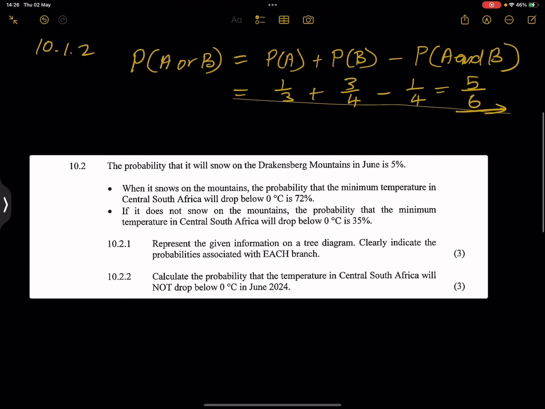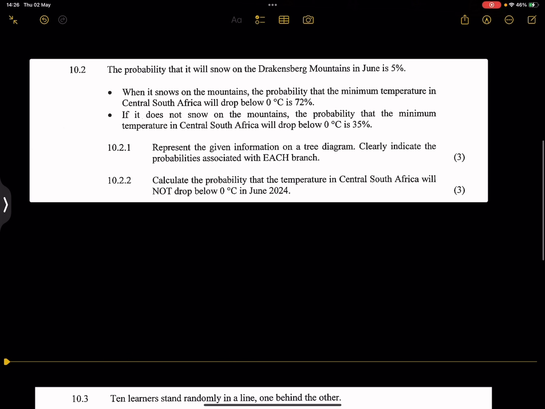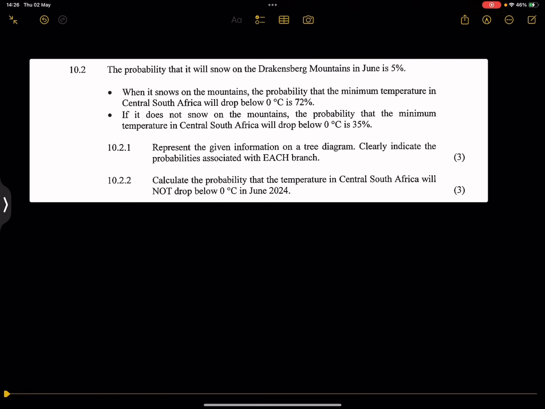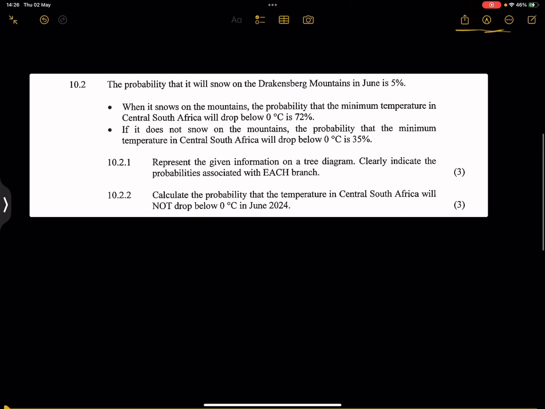As we look to the next one, they say to us, so I actually just separated them because they had to do with three different things. The probability that it will snow on the Drakensberg is 5%. When it snows on the mountains, the probability that the minimum temperature in central South Africa will drop below 0 degrees is 72%.